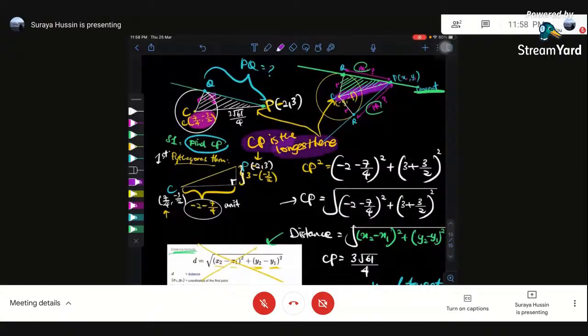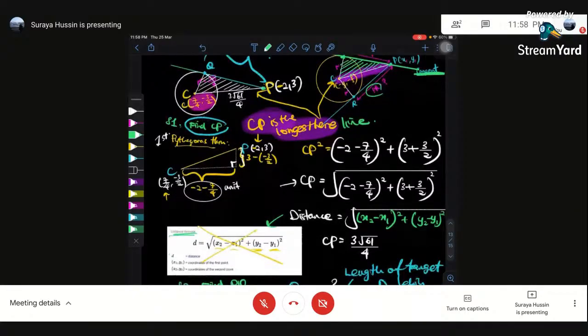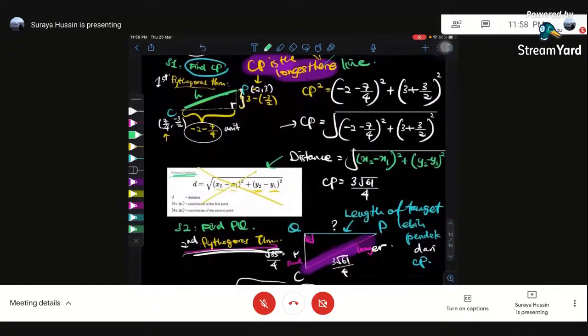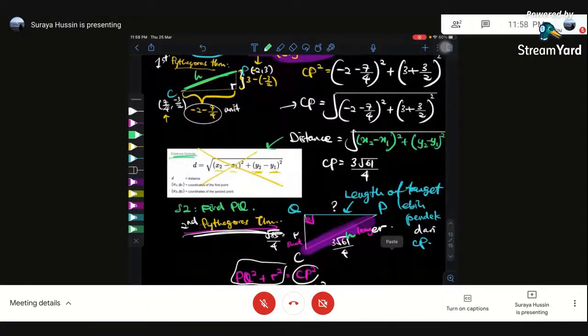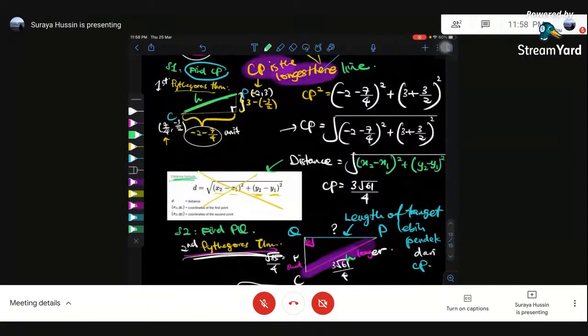CP is the longest line here. Therefore, it must be the hypotenuse. Remember? Hypotenuse, it must be the hypotenuse. It is not the adjacent or the opposite. Is it clear, everybody?